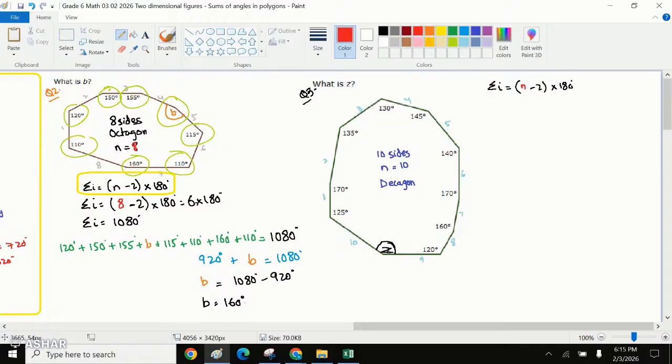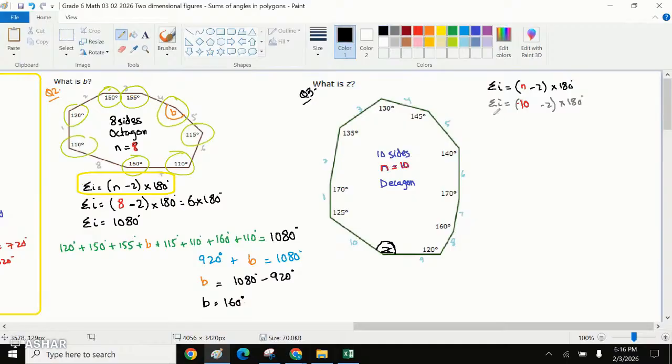By using this formula, yes, Crinsley, thank you. So can we find the total of these angles? So we can say the sum of interior angles would be 10 minus 2 into 180, right? There were 10 sides. N was 10.